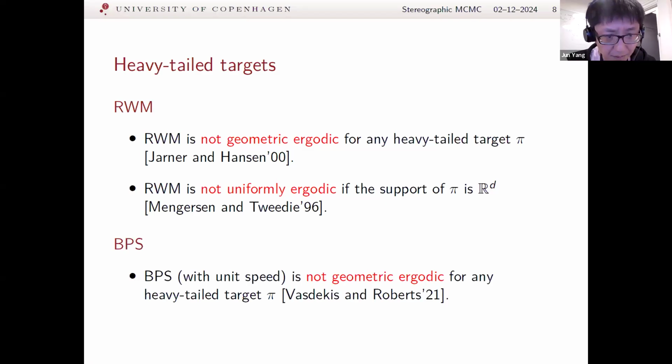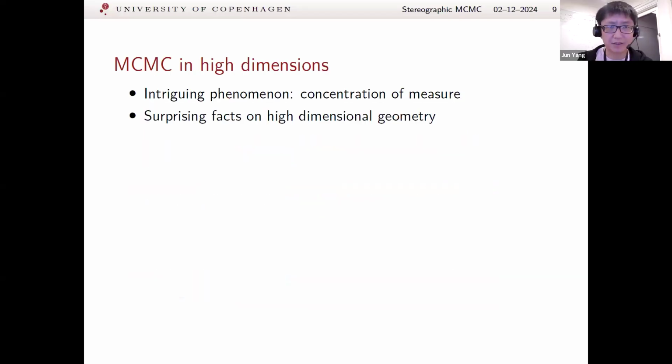The Bouncy Particle Sampler with unit speed is never geometrically ergodic for any heavy tail target. We don't have the uniform ergodicity result, but I believe a similar condition to random walk Metropolis also holds for the Bouncy Particle Sampler. So you can see if your target has a heavy tail distribution, then you never get geometric ergodicity for these two algorithms. So let's go to the second issue, which is high dimensional settings.